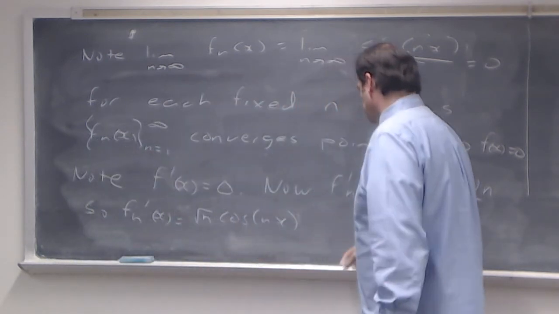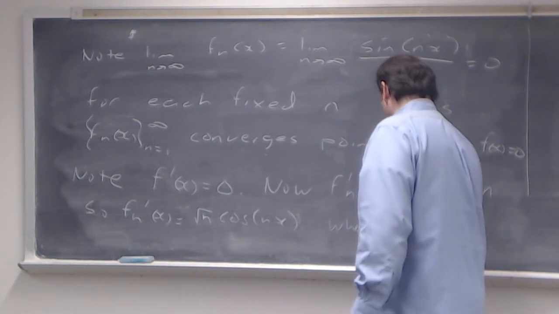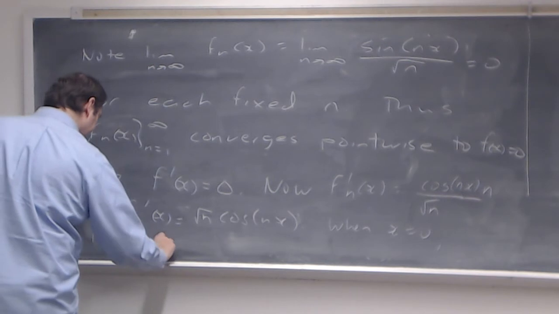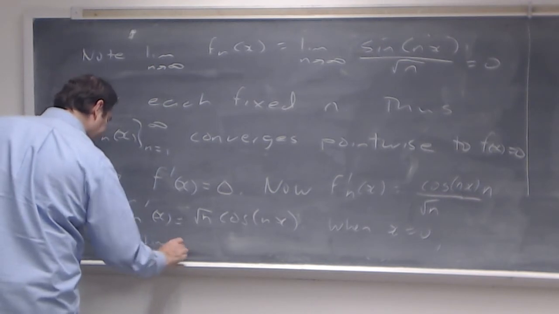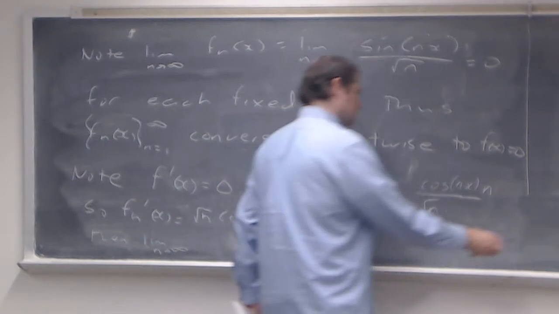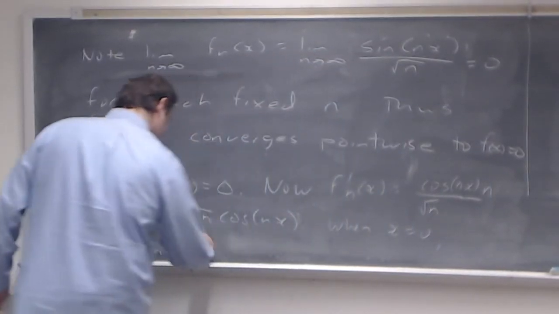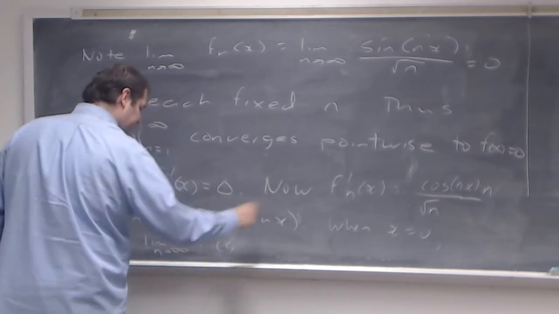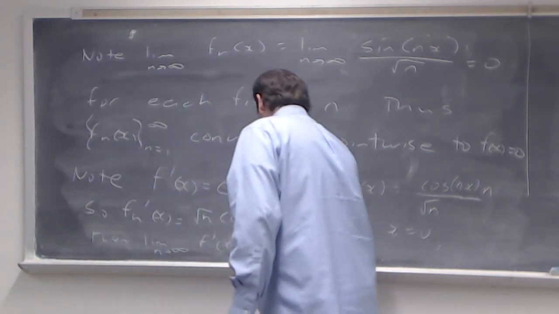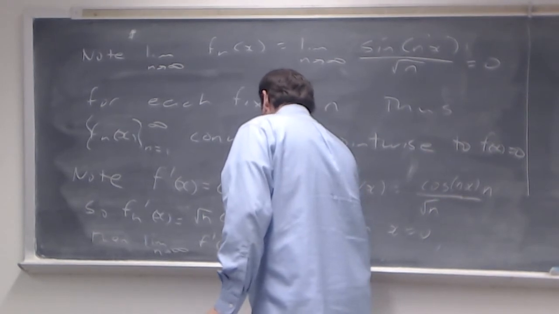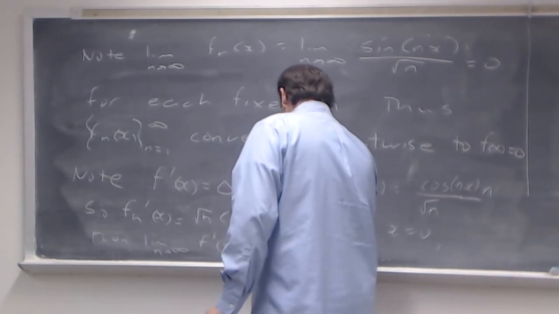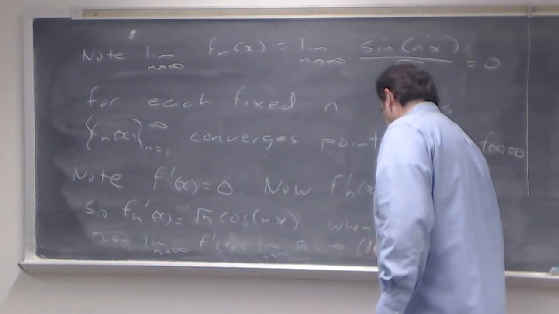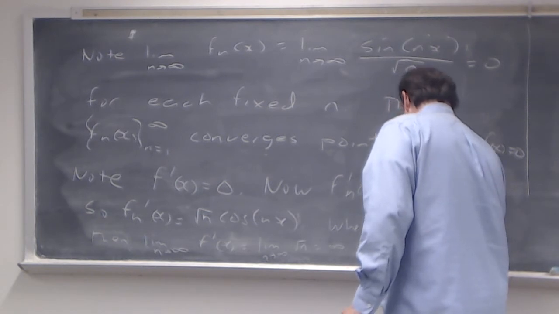Now, when x is equal to 0, the limit as n goes to infinity of f sub n prime of 0 is the limit of the square root of n, which equals infinity. So that does not exist as a real number.